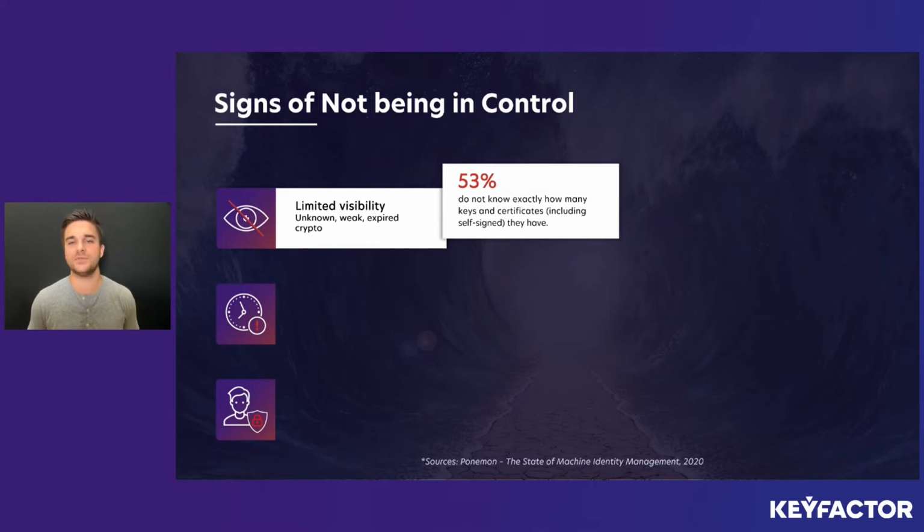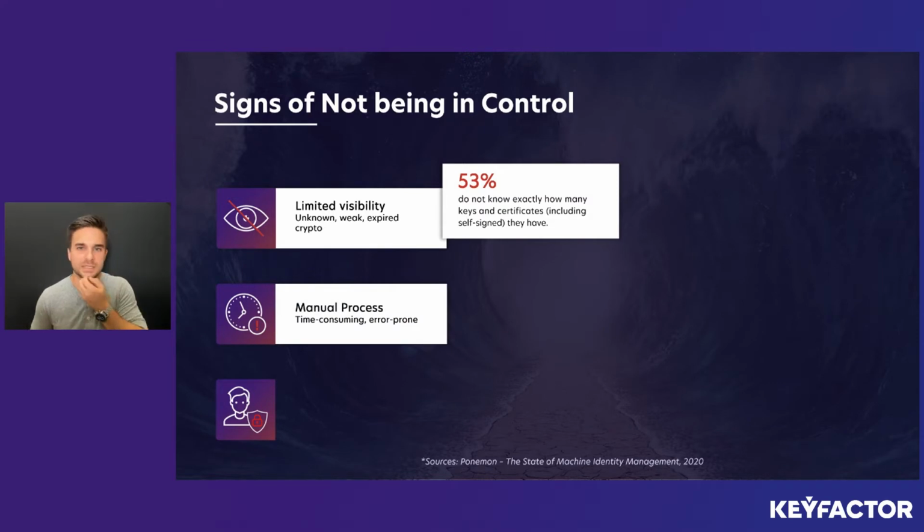So they have limited visibility into the certificates they have, but also they don't know the viability of those certs either. They don't know if they're weak or if expired cryptos are coming up. All that leads to not having a good handle on the visibility in your organization.